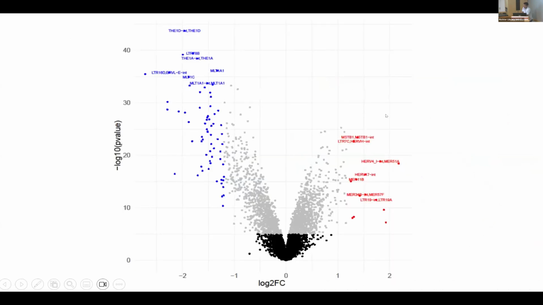Then we made a volcano plot, where in blue are the down-regulated endogenous retroviruses that we see in GBM versus normal brain, and in red are the upregulated endogenous retroviruses. Just for context, each of these dots represents an endogenous retrovirus.